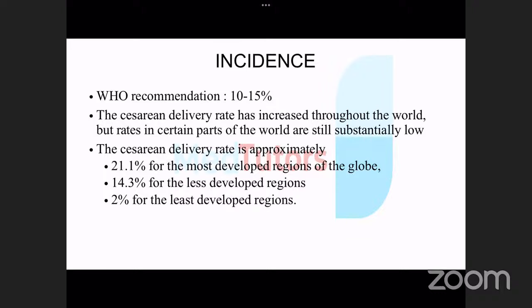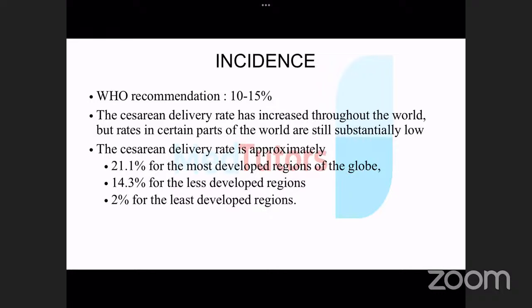However, globally, the cesarean section rate has continuously increased throughout the world, and rates from different parts of the world have been reported. It is about 21.1% in developed countries of the world, 14.3% in the less developed countries, and about 2% in the least developed countries of the world.